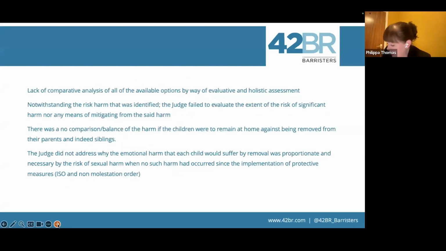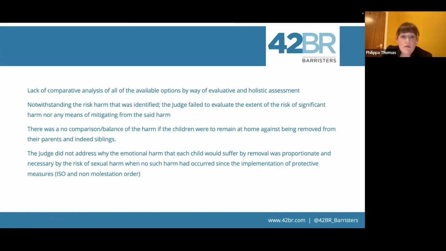There was a lack of comparative analysis of all of the available options by way of evaluative and holistic assessment. Notwithstanding the risk of harm that had been identified, the judge failed to evaluate the extent of the risk of significant harm, nor any means of mitigating that harm. There was no comparison or balance of the harm if the children were to remain in the home against being separated from their parents and indeed their siblings.